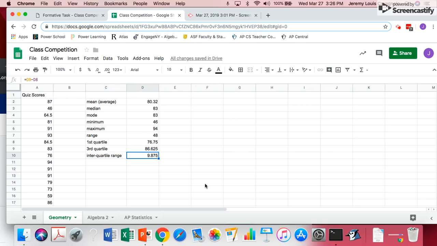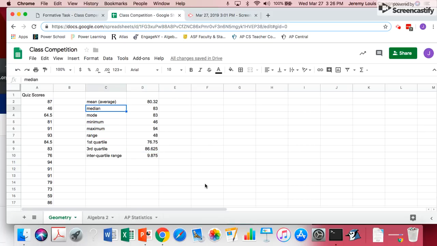So the middle 50% of this data, the middle half, falls between this first quartile and this third quartile. So 50% of the scores in this data set fall within 10 points of each other. And so that's another way to think about how the data is spread out.